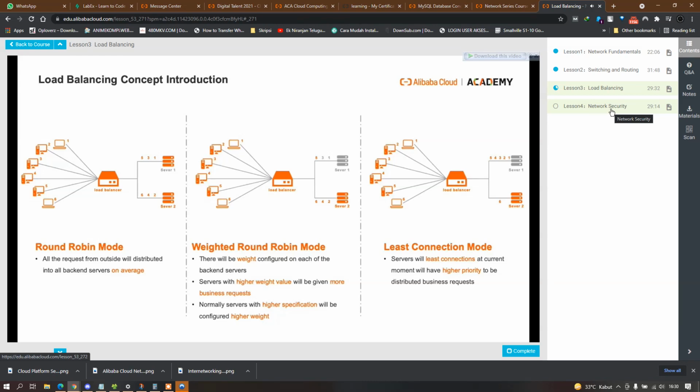For example, if server 1 now has 5 connections and server 2 has just 1 connection, then the upcoming business request will be distributed to server 2 with a higher opportunity. So these are the 3 different kinds of load balancer distribution policies.